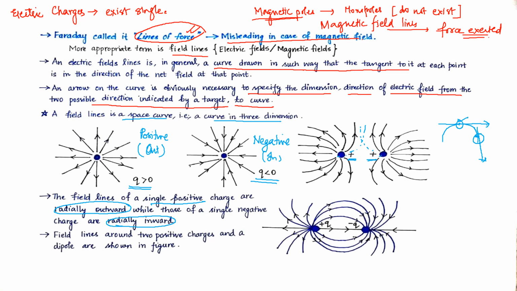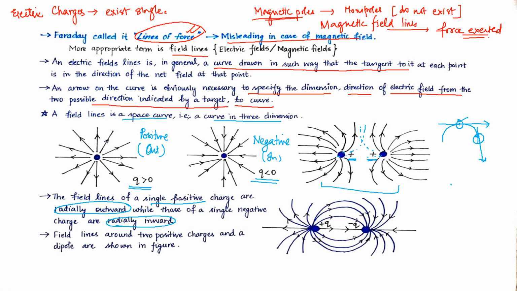So in this case, due to these field lines there will be repulsion, and these field lines are going for both the charges. Though both the charges are in the same system, still these are moving outwards. So in any case, the field lines will move outwards.